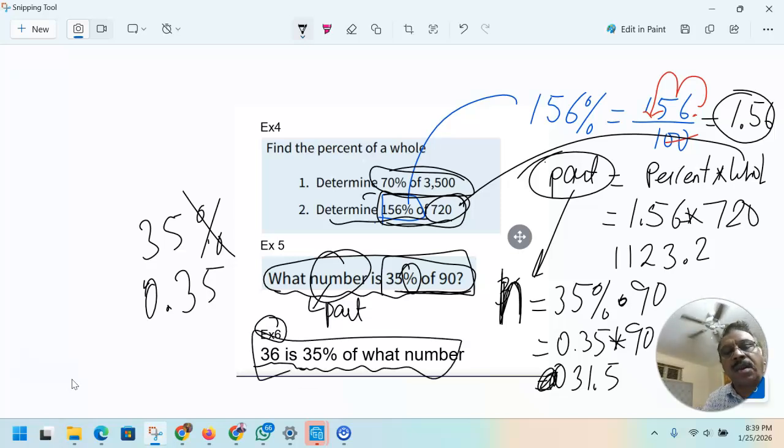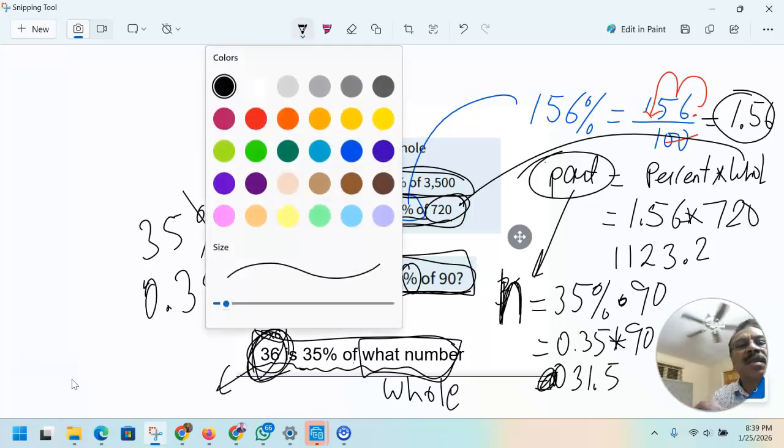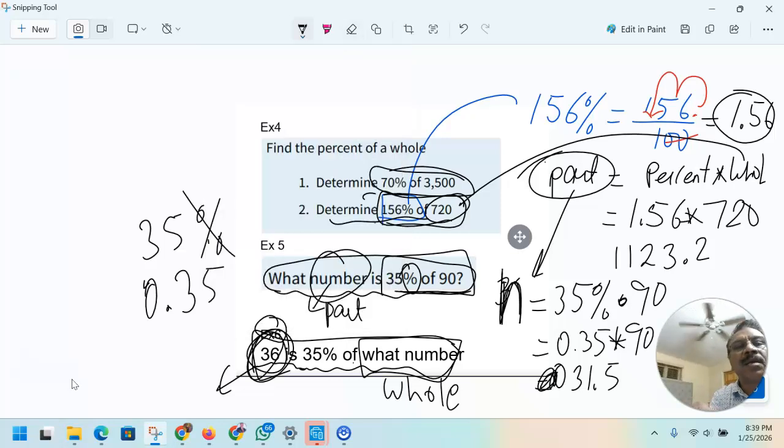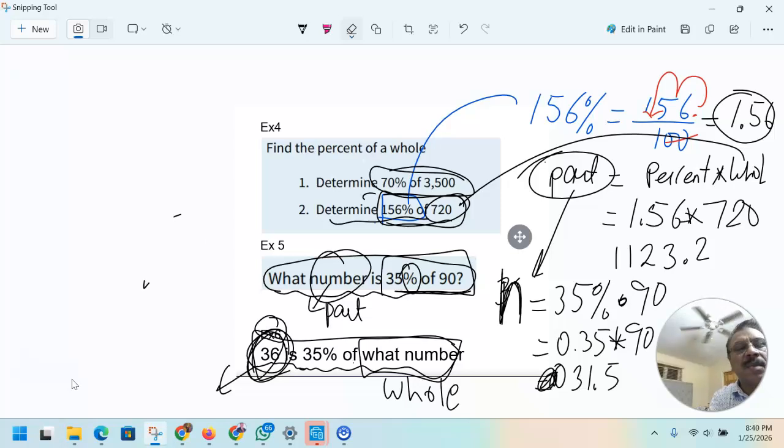The next example says 36 is 35% of what number? If you read it carefully, it says of what number, so the whole is unknown.